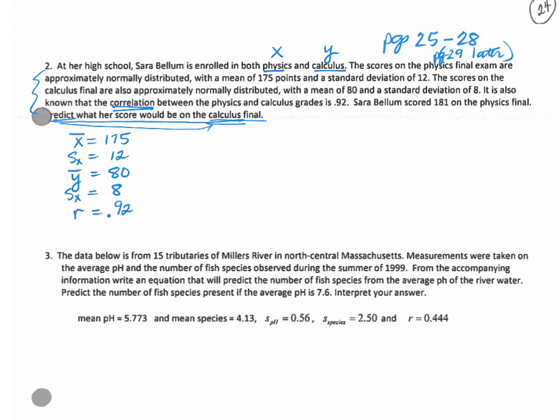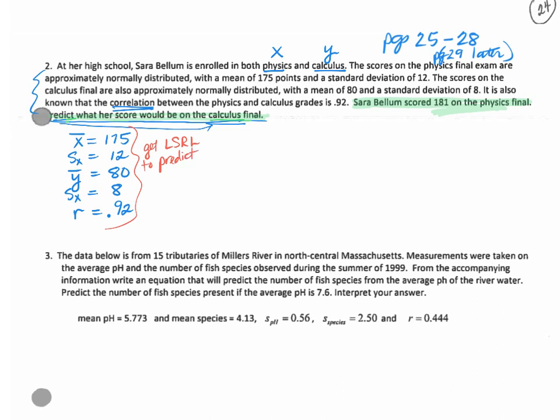So from that, we are supposed to take a given score on the physics exam, so take a given X and predict her Y. So if we're supposed to take an X and predict her Y, then we need to get the prediction line. Get the least squares regression line to predict her calculus score.